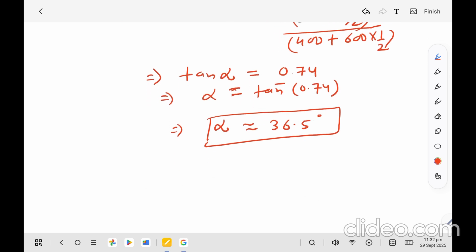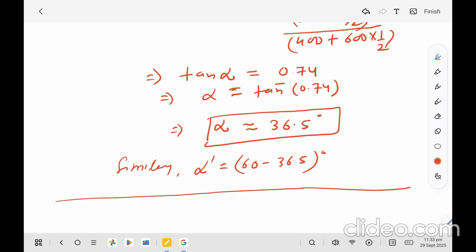This is the angle of R with force F1. Similarly, we can estimate alpha prime, the angle of R with F2, which is 60 minus 36.5 degree. So this is the solution of this problem.